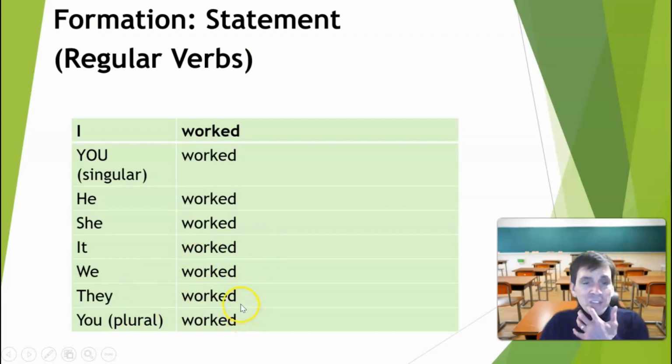As you can see, everyone, we have the same verb formation for each of the different subjects. Now, you will notice that we've got you singular and you plural. You singular is if you are speaking to just one person, and we use you plural if you are speaking to more than one person.